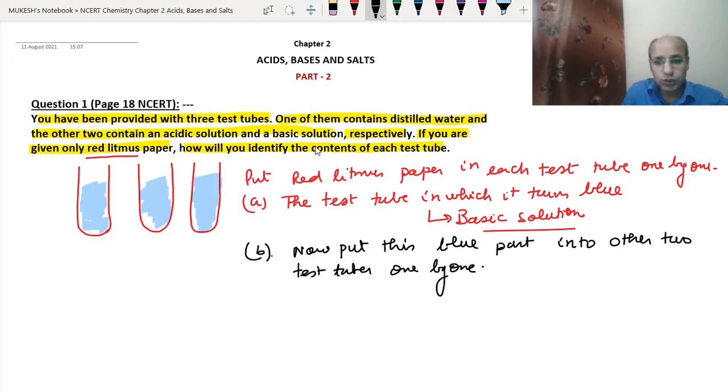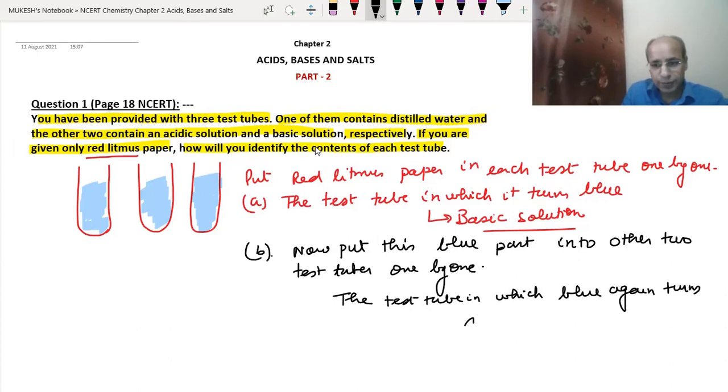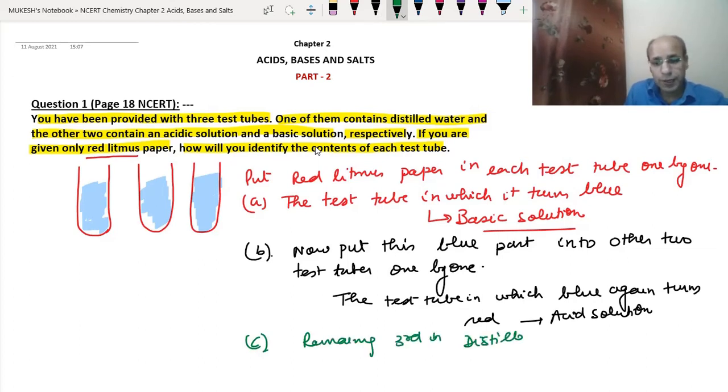Okay, so the test tube in which blue again turns red is the acidic solution. Now the remaining third is distilled water. Clear? That means in distilled water, both red and blue litmus have no effect.